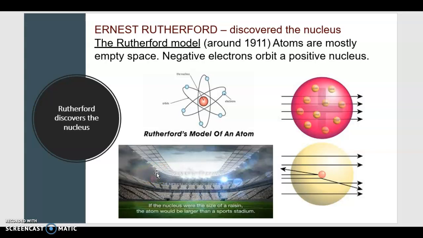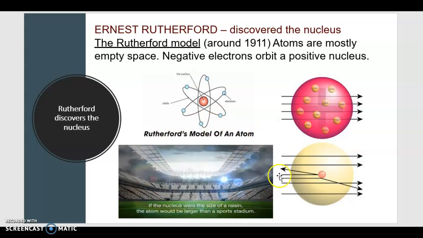Okay, and just to give it some scale, what it says down here is if the nucleus were the size of a raisin, the atom would be larger than a sports stadium. So if you took an atom and made it bigger and bigger, the nucleus would be about the size of a raisin if you made the entire atom the size of a sports stadium.